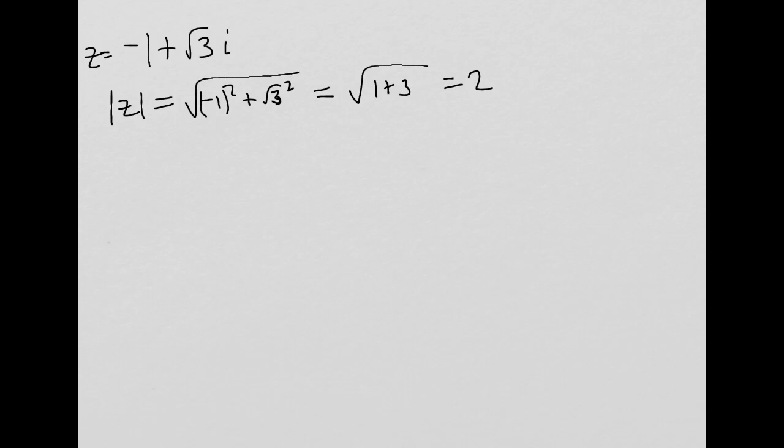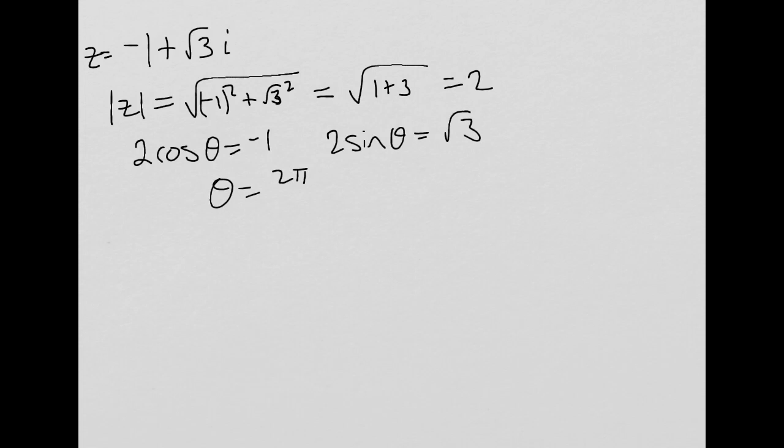If you go ahead and use the fact that 2 cosine theta equals -1, and 2 sine theta equals square root of 3, you come up with theta equals 2 pi over 3.